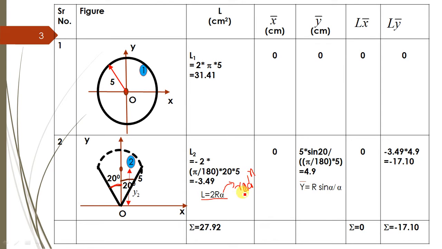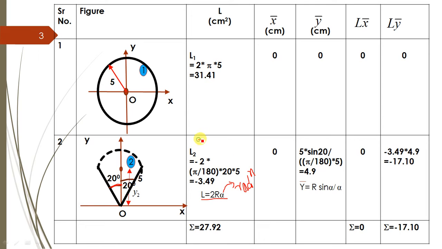So alpha in radian is pi by 180 into theta. How to convert the angle into radian? Multiply it by pi by 180.